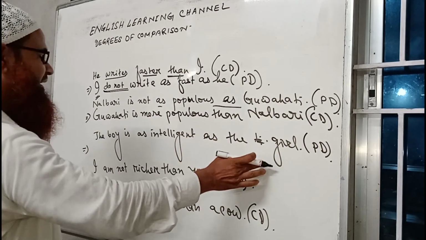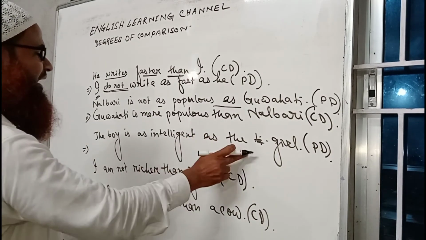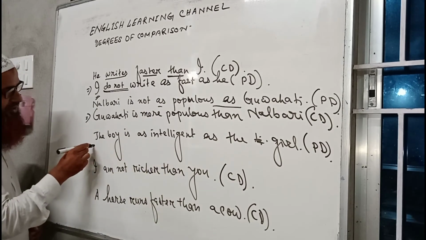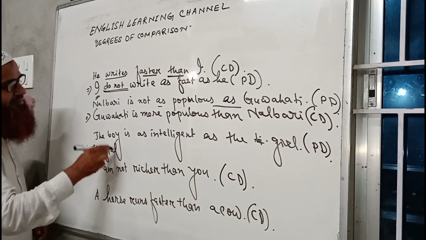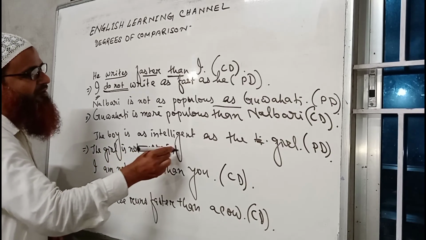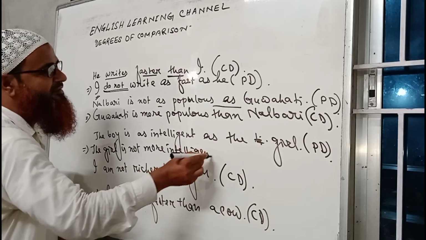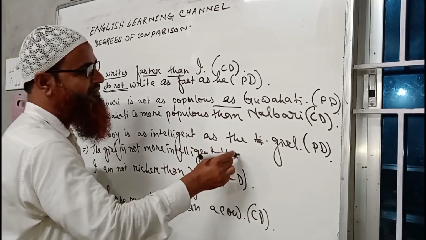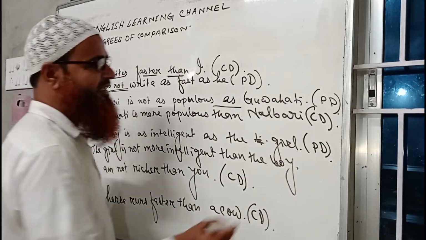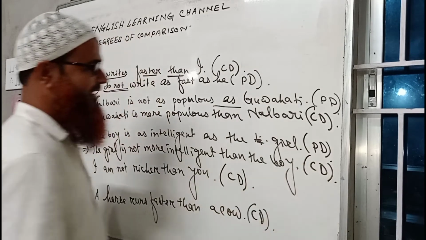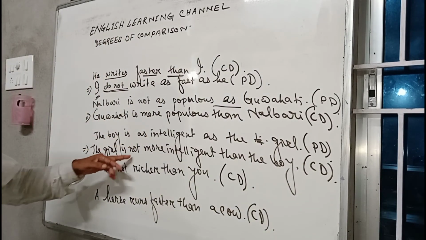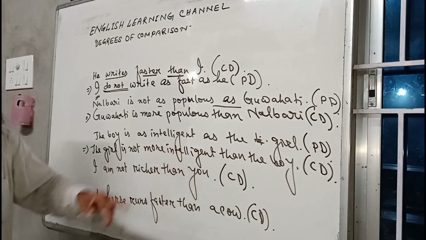So the girl is not more intelligent than the boy. That means the boy is as intelligent as the girl. Okay, the boy is as intelligent as the girl. This means the girl is not more intelligent than the boy.